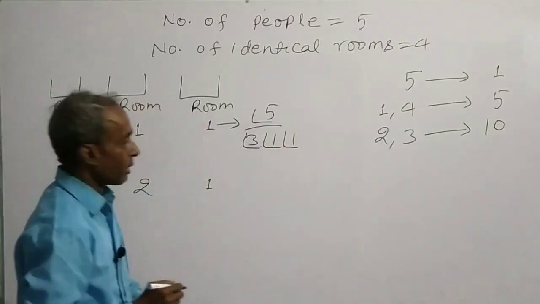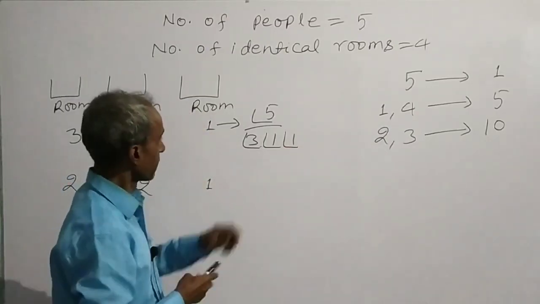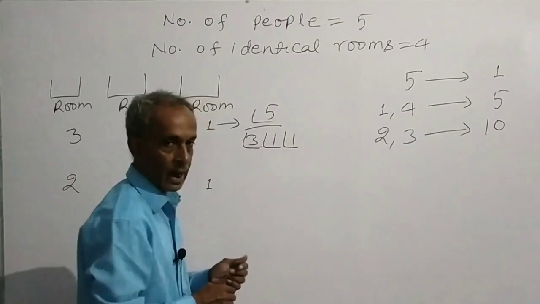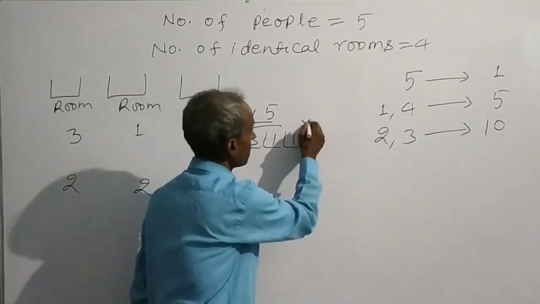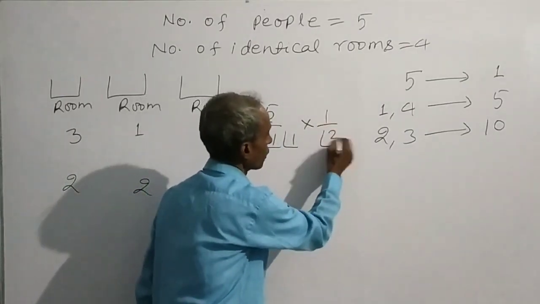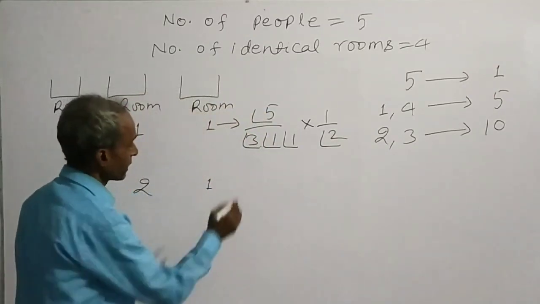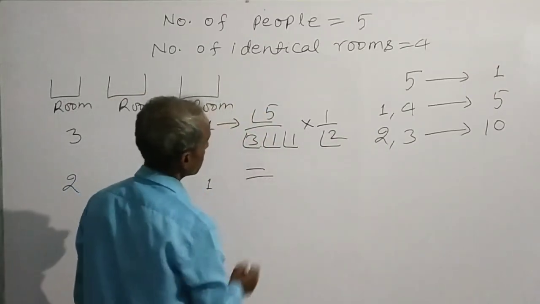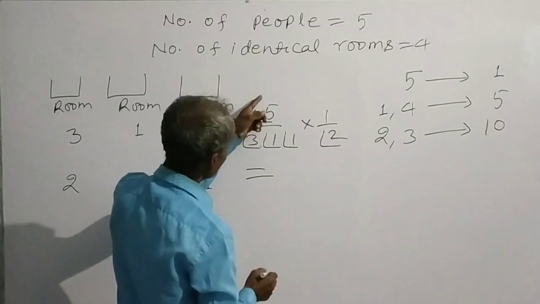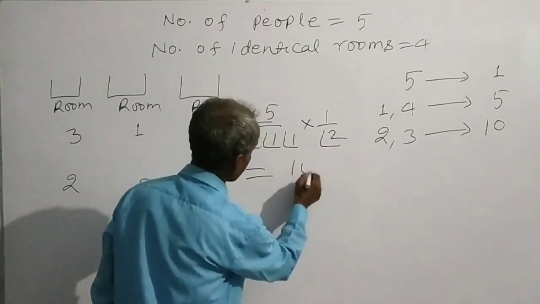The number of things in these 2 rooms are equal, therefore we will divide this by factorial 2, and this will be equal to 10.